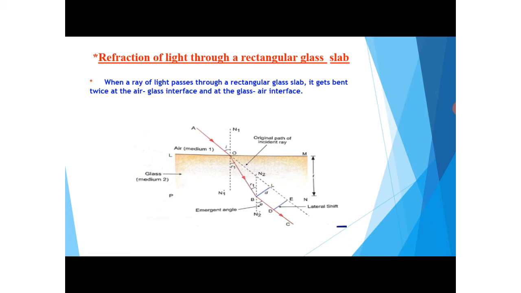So these are the points to consider when a ray of light passes through a rectangular glass slab: it bends twice, once at the air-glass interface and again at the glass-air interface, and the emergent ray is always parallel to the incident ray, and it is displaced through a distance which is known as the lateral shift of the ray.